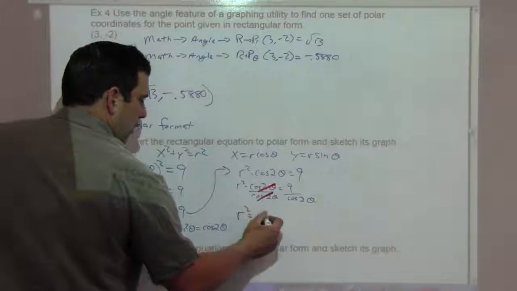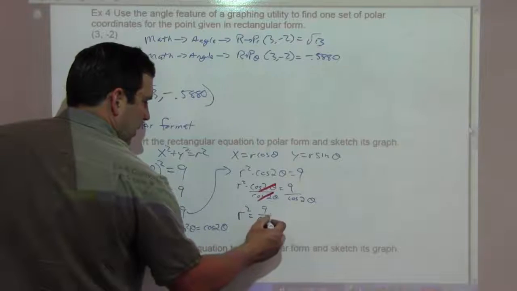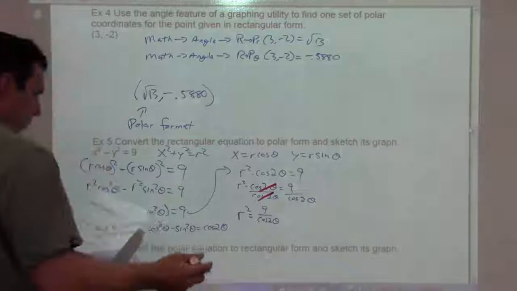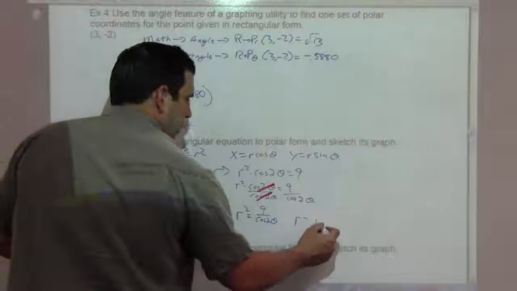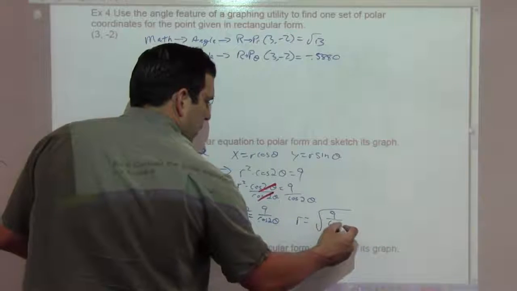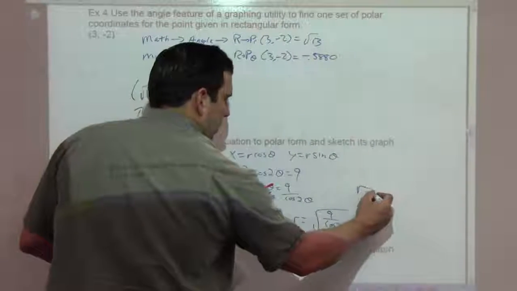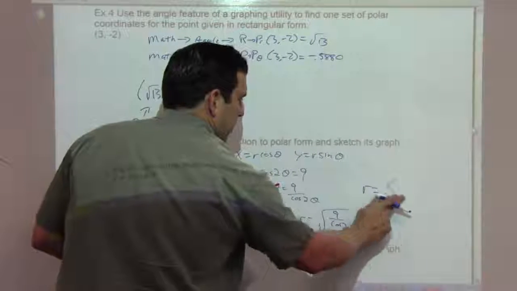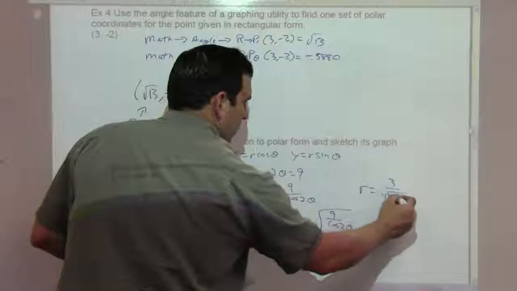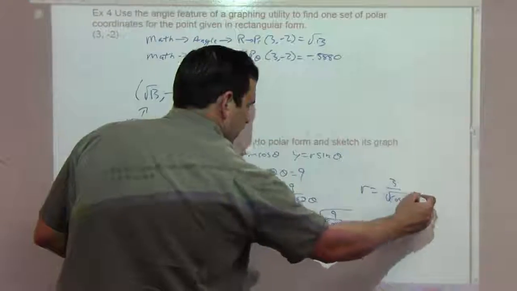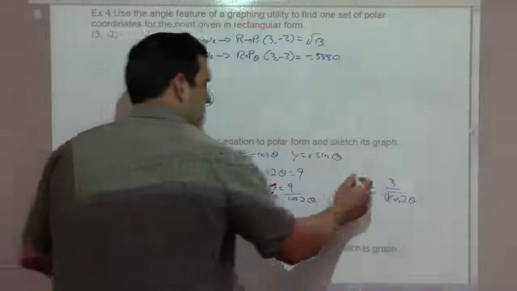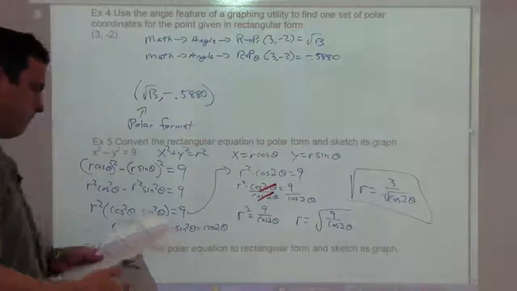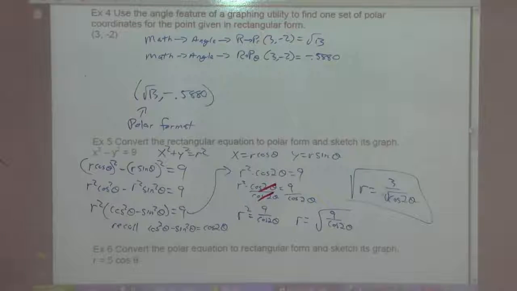So r squared is going to be 9 over cosine of 2 theta. And r would be the square root of 9 over cosine of 2 theta, so r equals 3 over the square root of cosine of 2 theta. That's it. Not much more we can do with that. Feel free to pause if you want.